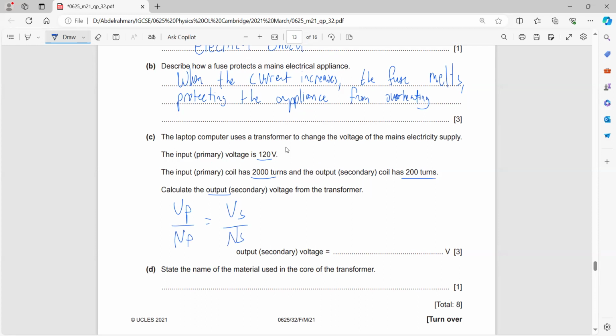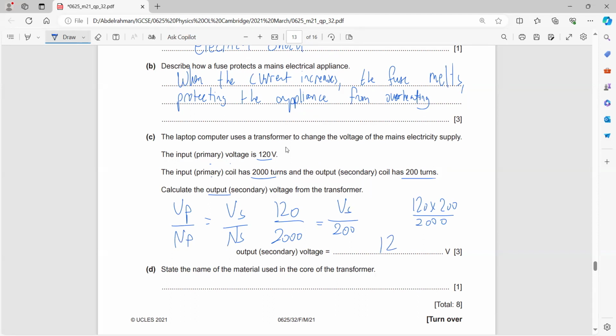Okay, we have everything. Primary voltage, VP, 120. Primary number of coils, 2000. VS, secondary voltage, I don't have it. NS, the number of turns on the secondary coil. Cross multiply, very simple cross multiplication, it becomes 12. 12.